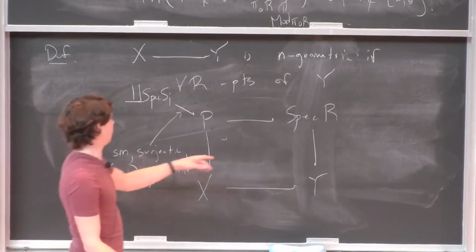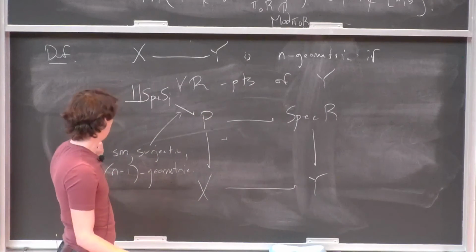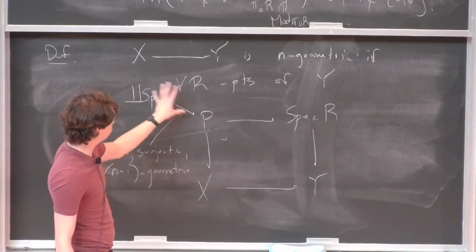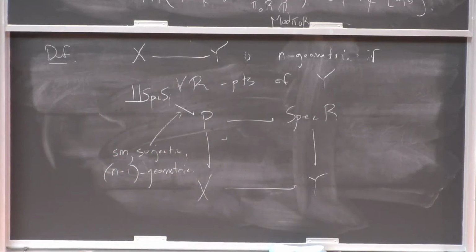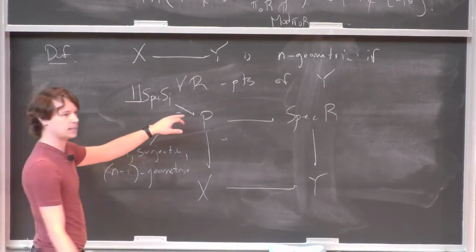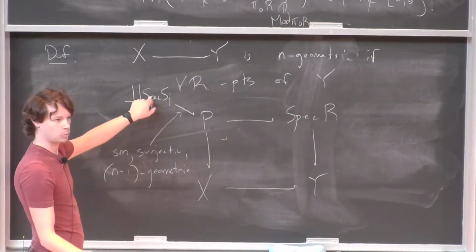So for all points of y, we can call such a thing an atlas, if we can find a smooth, surjective, n minus 1 geometric morphism here. And now I'm just going to transport these same definitions, LFP and smooth, to this context if these compositions are locally of finite presentation or smooth.